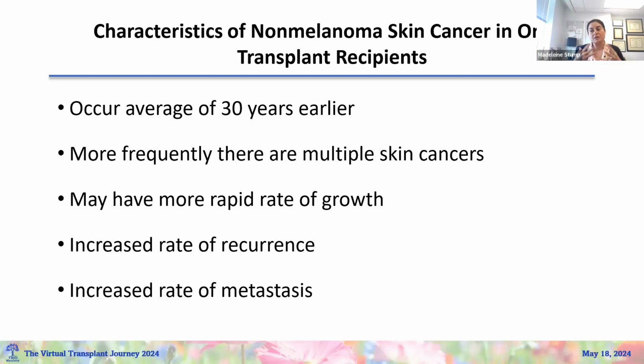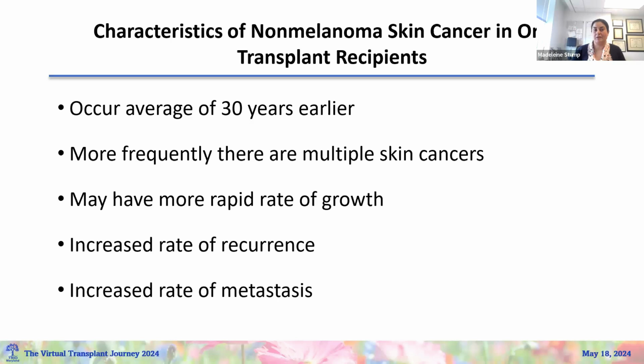In a sense, this is a natural way of the immune system becoming suppressed with age. But when you immunosuppress a patient artificially through medication, they will develop skin cancers much earlier. In immunocompetent patients undergoing the normal aging process, skin cancers will develop, if they had significant sun exposure in the past, in their 70s, definitely into the 80s.